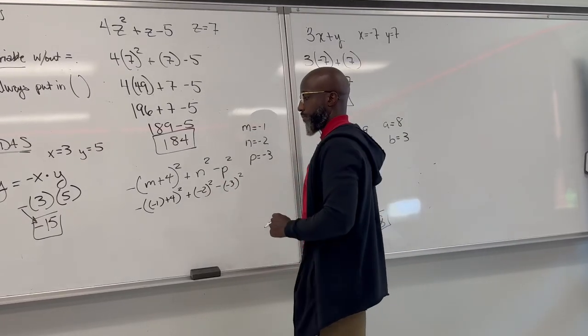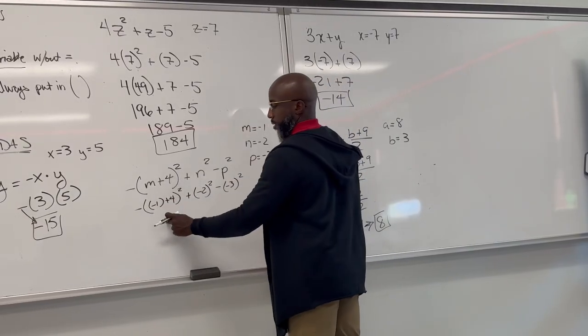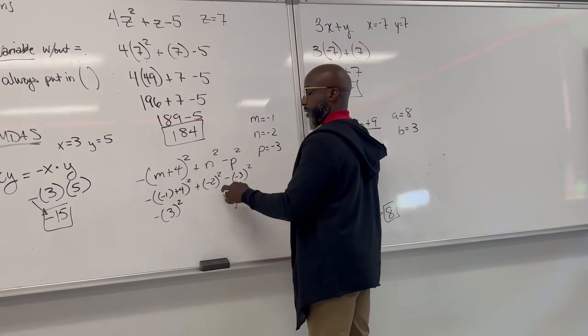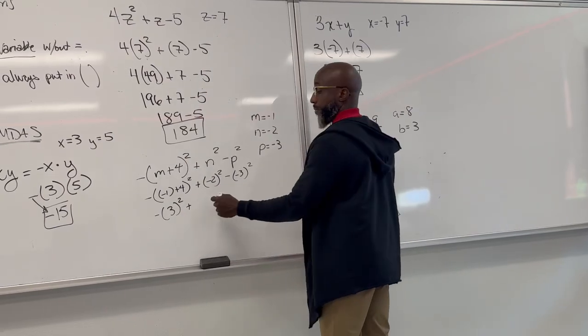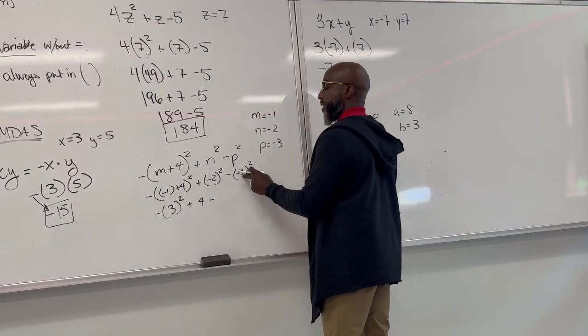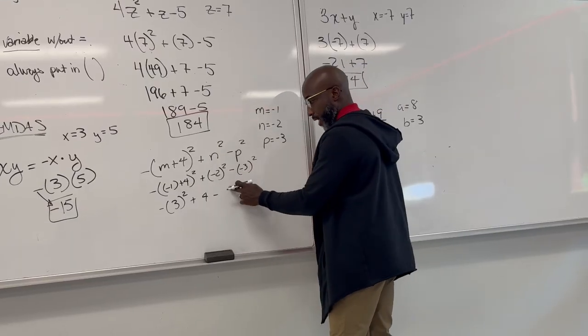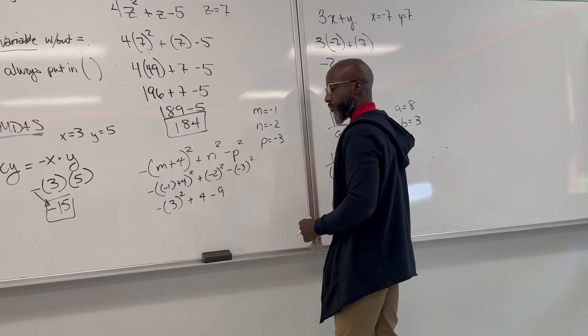All right? Order of operations say we do this first. So it's -1 plus 4, minus 3 to the second power. Now we have negative 2 to the second power, which is going to be positive 4, minus negative 3 to the second power, which is going to be positive 9 here, and the negative sign comes down. So we got 9. Okay?